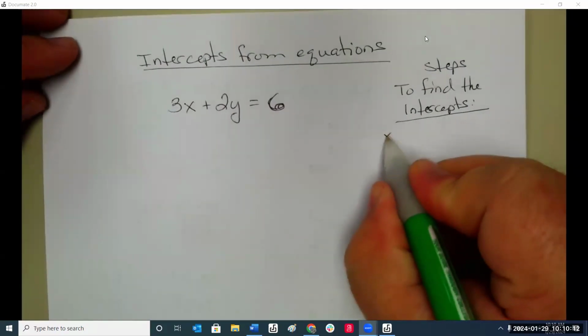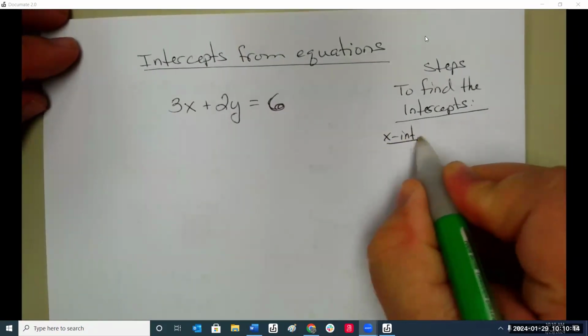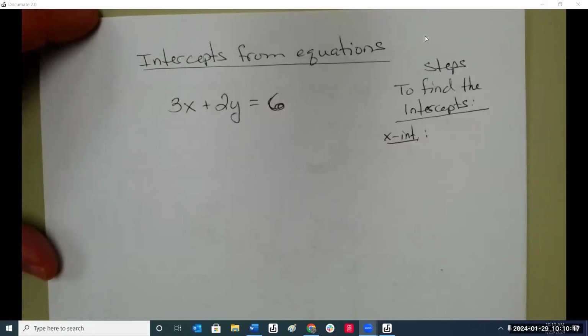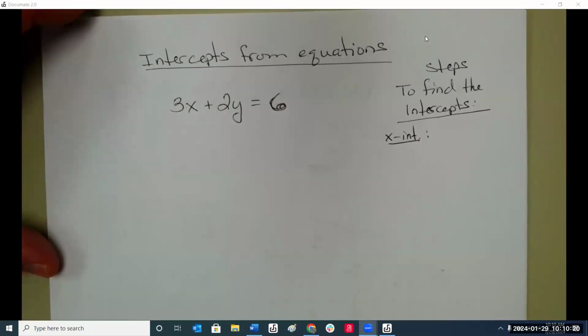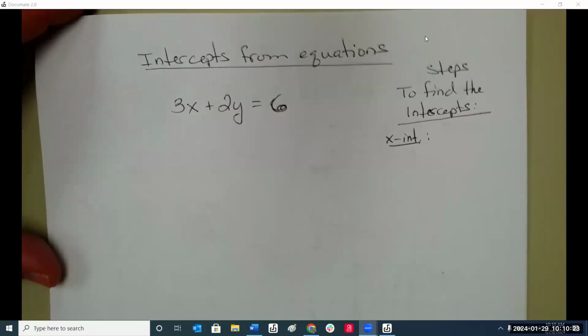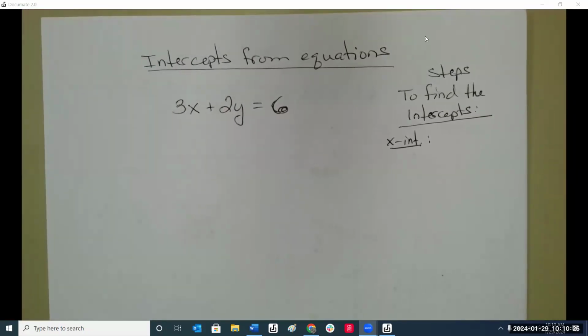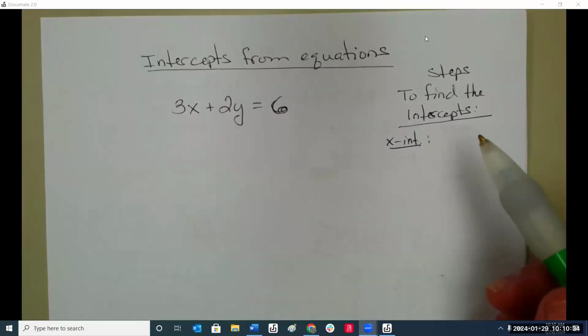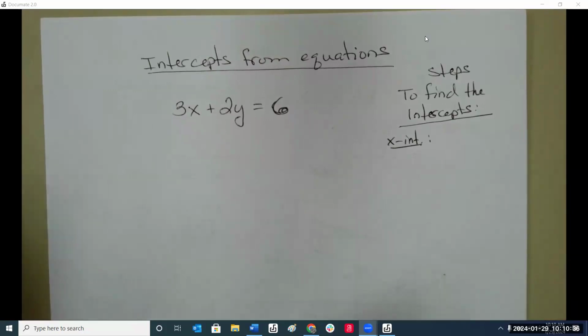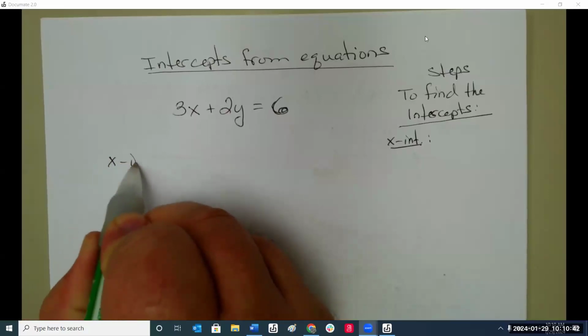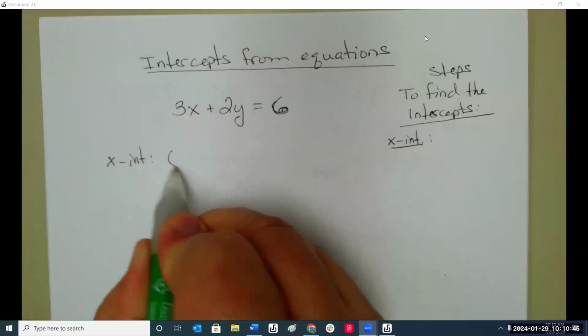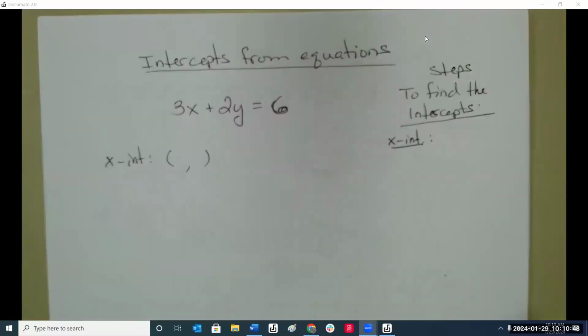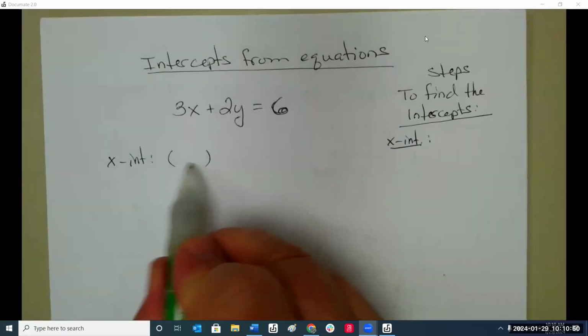Okay, the first one we're going to look at is x-intercepts. Let's take what we just learned a minute ago and apply it here. We're looking for the x-intercept, right? It's a point that crosses the x-axis. What is that location? When we're finished with the x-intercept, what's going to be in the point?